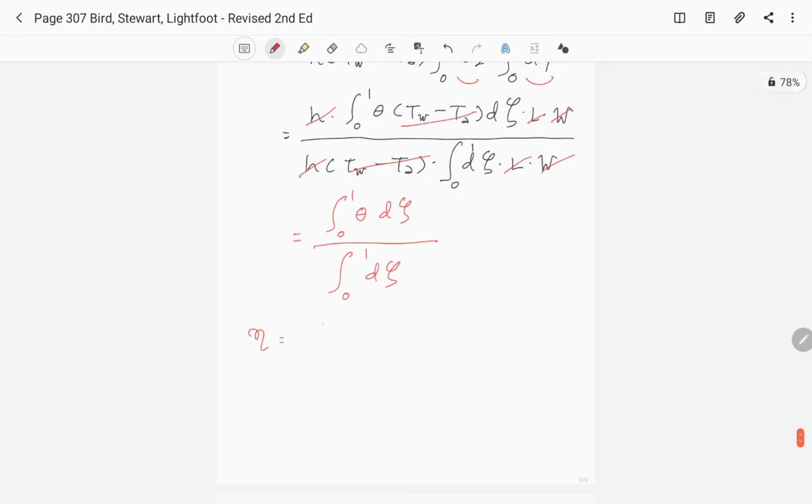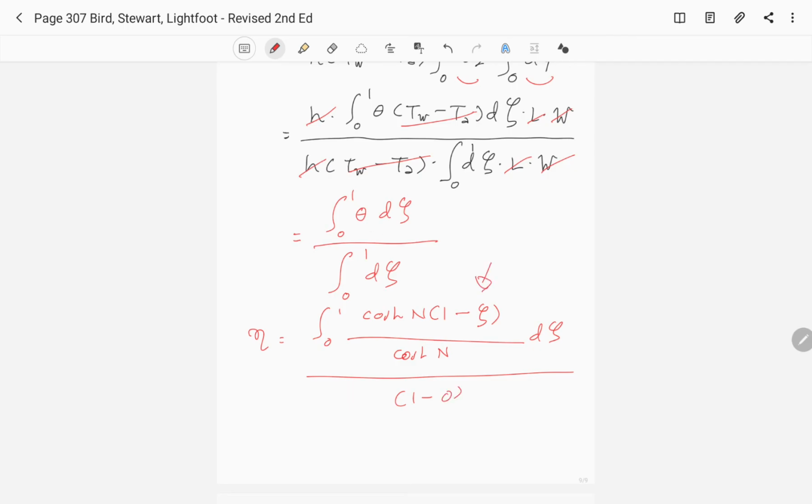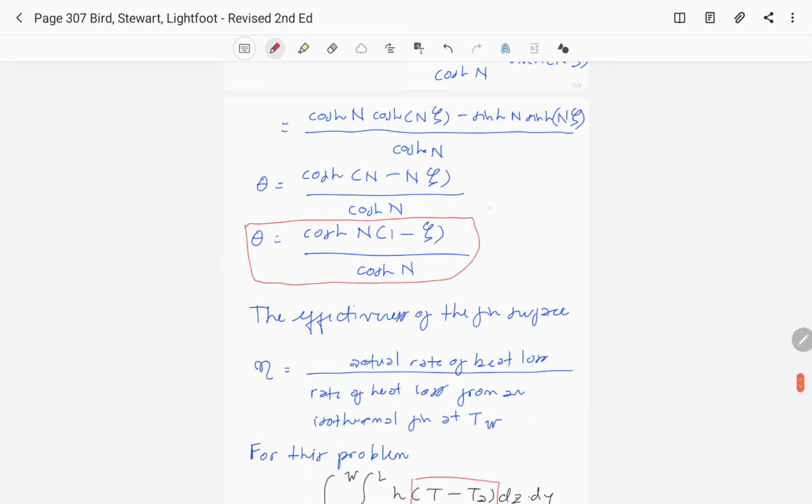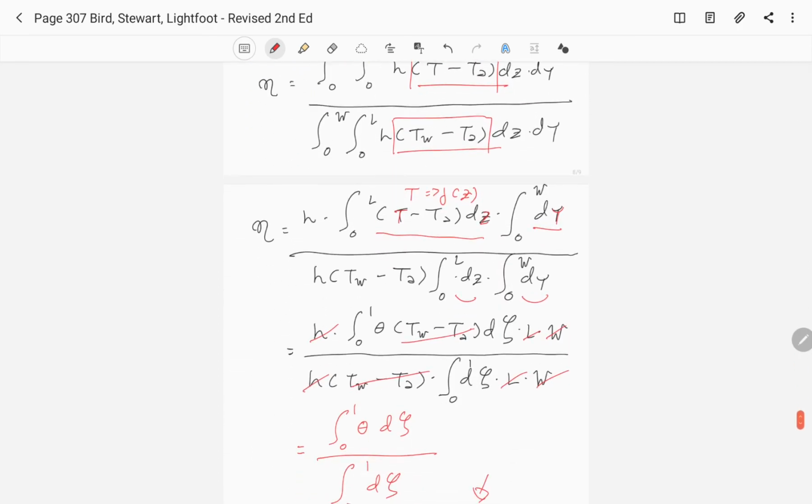Then we have this mu is equal to the integral 0 to 1 of cosh n(1 minus this) divided by cosh n, divided by 1 minus 0. This term in here comes back to your term in here. Okay, so you need to substitute that term.